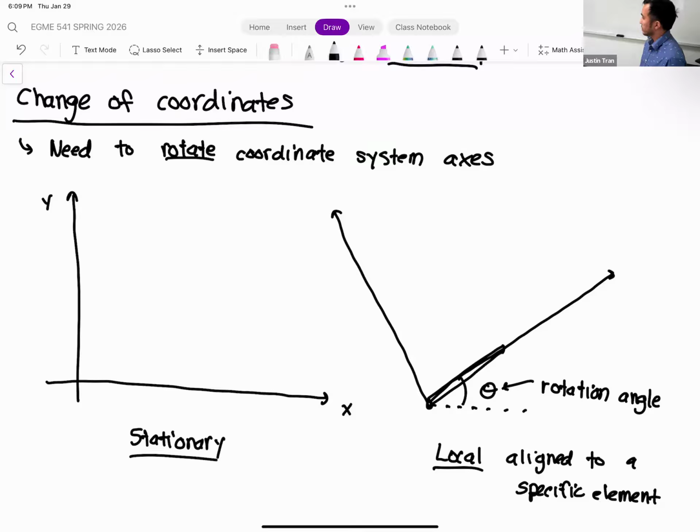Oh, one thing I forgot, I didn't label these axes. The x-axis for our local system, we'll call x hat, and the y-axis, we'll call y hat. We're giving them hats to denote that they're in the local coordinates.